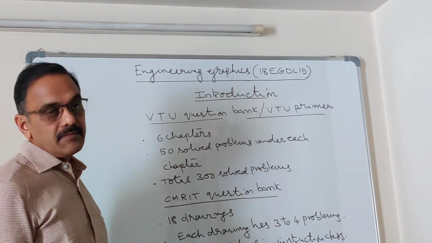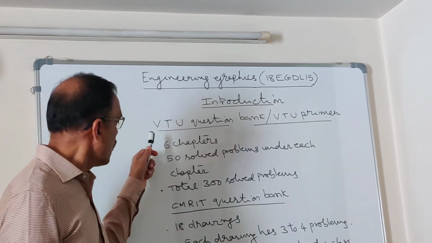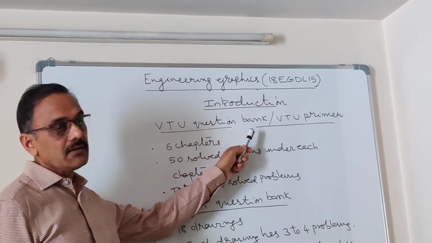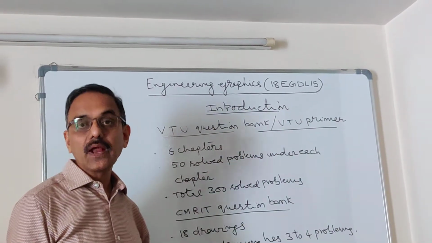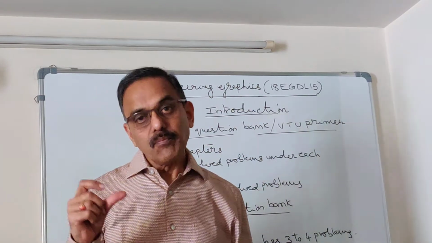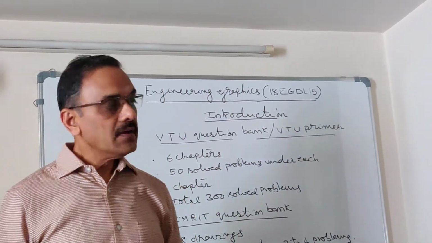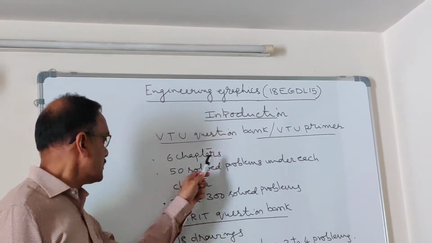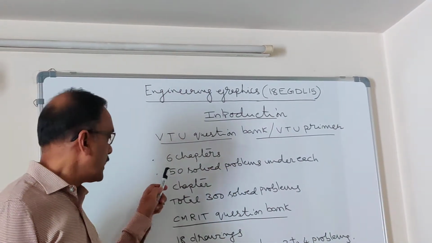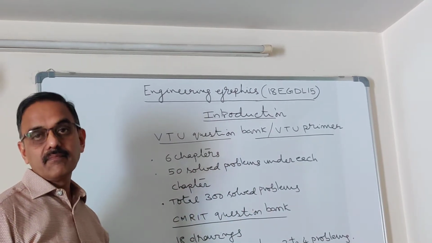in this subject, you are provided with what is called the VTU question bank, or some people call it the VTU primer. The university has made a book called the VTU question bank that carries 6 chapters, and each chapter is provided with 50 solved problems.